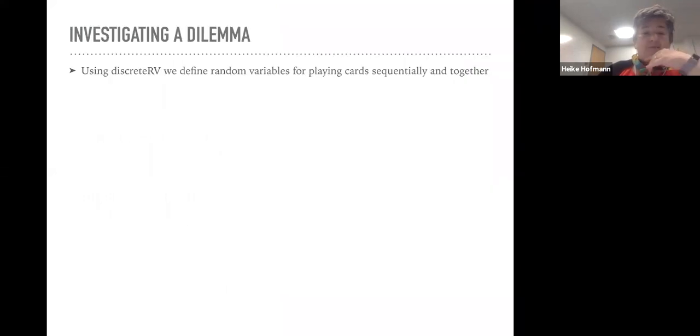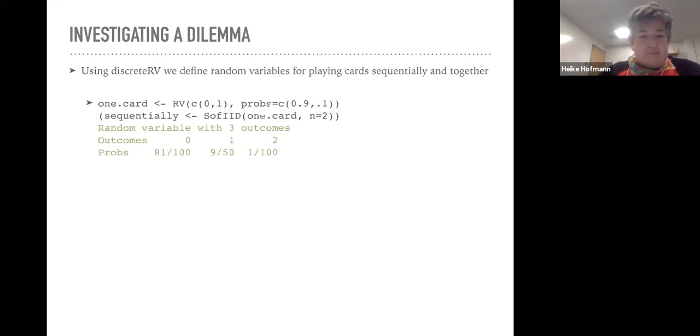Again, I'm going to use discrete RV, so I'm going to use code to actually come up with those probabilities. So we define a chip from 1 card as the random variable of 0 and 1, where we have a 10% chance to get a chip.